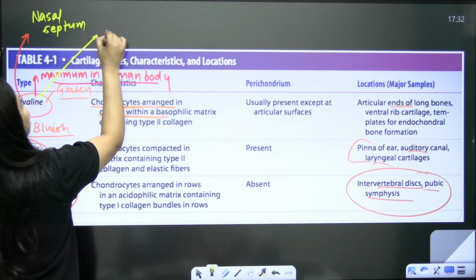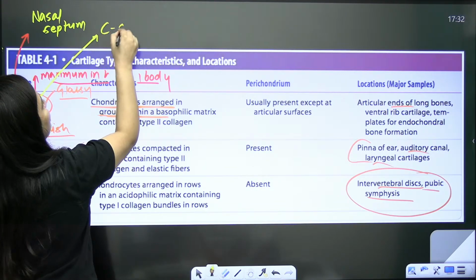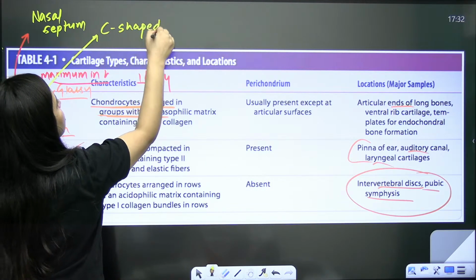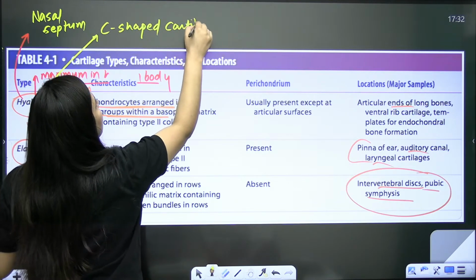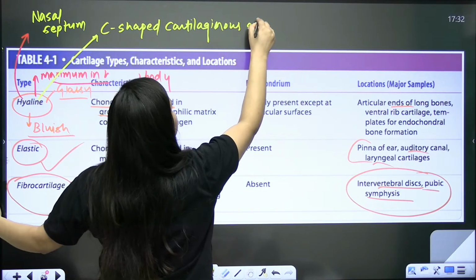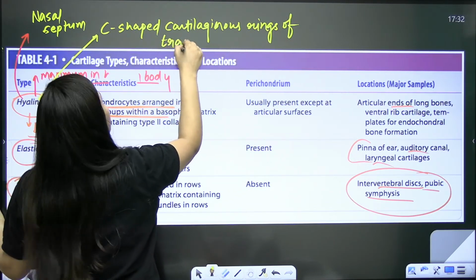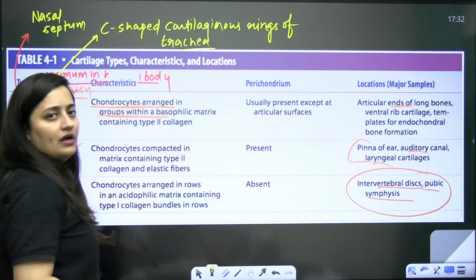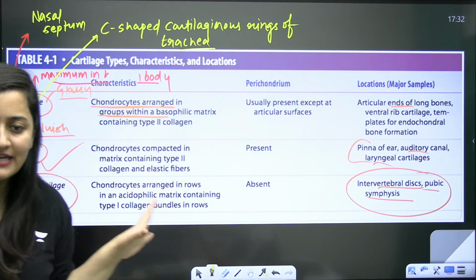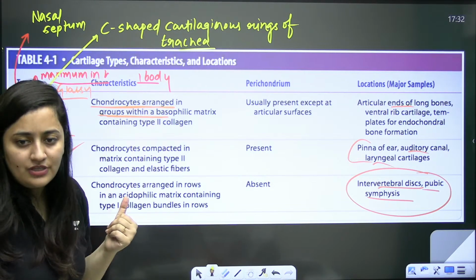Do you remember those C-shaped cartilaginous rings that cover our trachea? They have hyaline cartilage. And other than that, even in the larynx you will see hyaline cartilage.